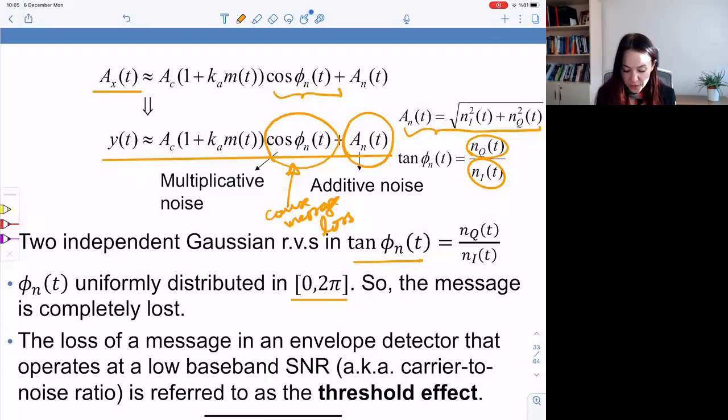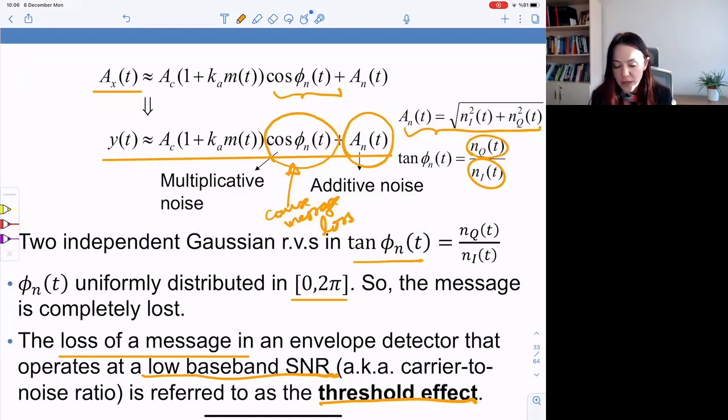So this loss of the message in an envelope detector that operates at low baseband SNR is referred to as the threshold effect for SNR. When does the threshold effect occur?